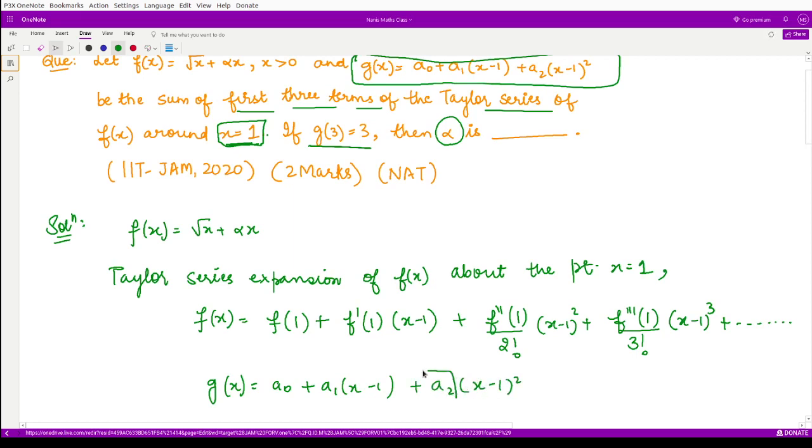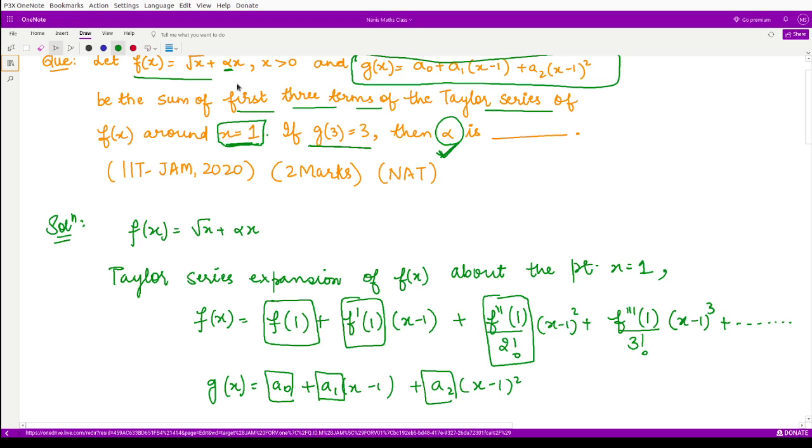That means a2 is f double dash of 1 divided by 2 factorial, a1 is the derivative of f calculated at 1, and a0 is the function's value at the point 1. But we are not directly asked the values of a0, a1, a2. Instead we are asked the value of alpha, which is given in the function. So in order to determine alpha, we have to determine the values of a0, a1, a2 in between. So let us get started.